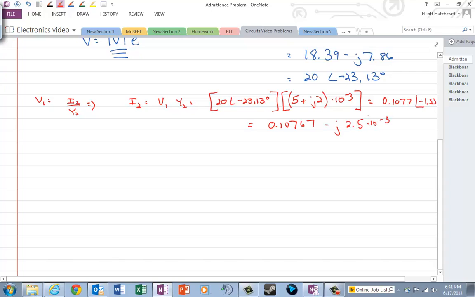That one is times 10 to the minus 3; the other one is 0.10767 by itself. Maybe to make sure that's clear, I'll put it that way.